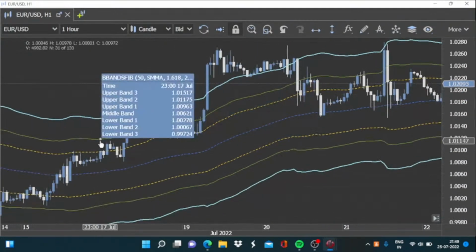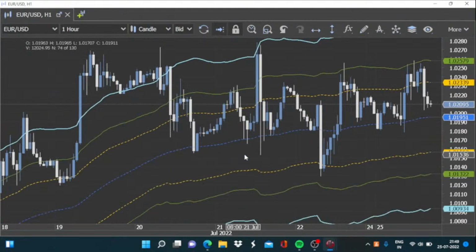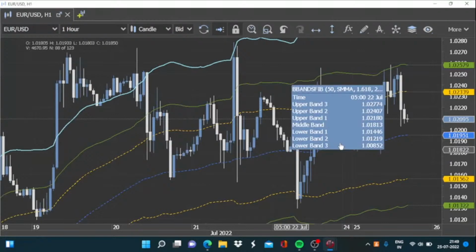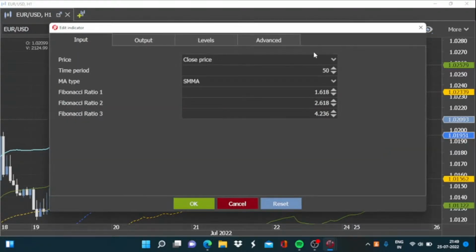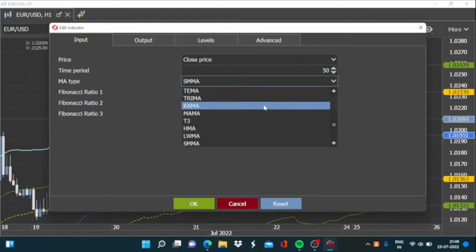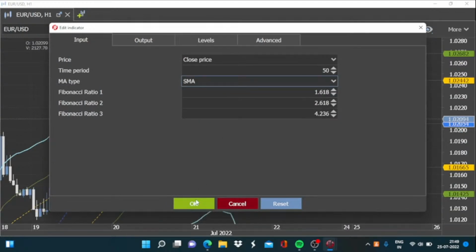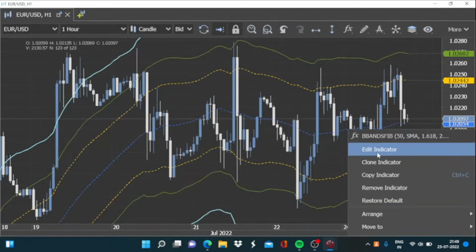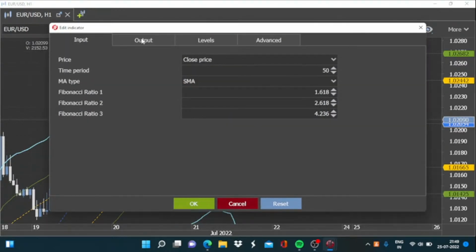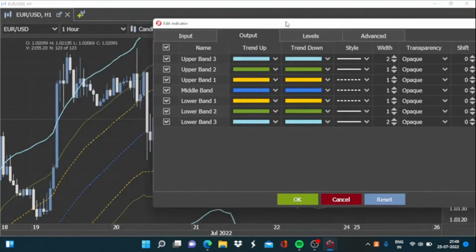So depending on which kind of moving average you use, you will have these different versions of the Bollinger Bands with Fibonacci ratios. Now I will restore it back to the default setup. So let us go back to the simple moving average in this scenario, and let us see what more can be done to make these Bollinger Band ratios work for us and also look aesthetic on these charts.